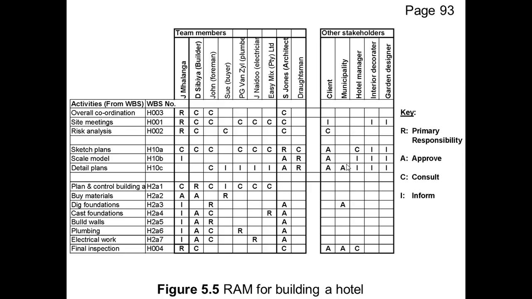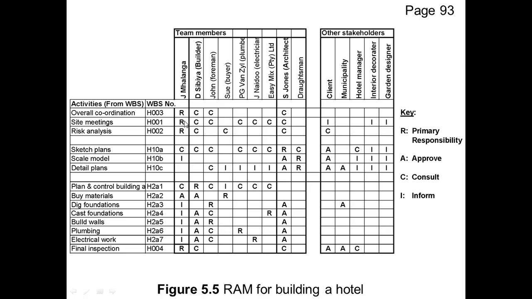Then if we look at consult, you can see that in terms of site meetings, we want one person who's probably the site manager responsible, or the project manager, it doesn't say here, but let's say this is the project manager, responsible to arrange and run the site meetings.